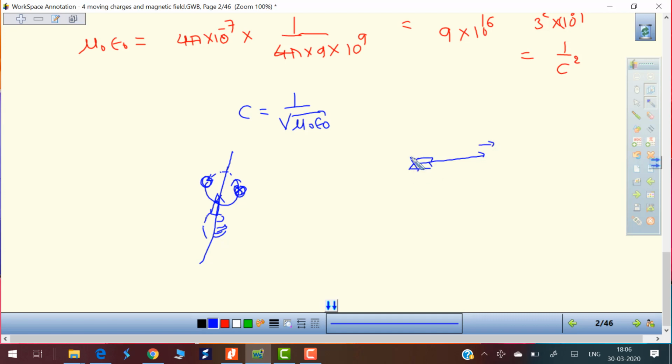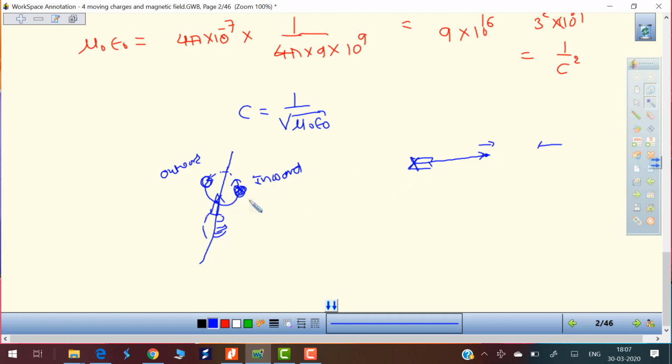When you see it from the back side, it shows a cross, because it is going inside. And a person looking at the arrow from this side can see only a point, a dot. So this is outward, and this is inward. Just to remember it, don't be confused. Dot means outward, cross means inward.